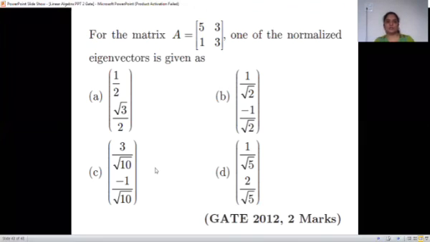Okay, the next question. For the matrix A, 5 3 1 3, one of the normalized eigenvectors is given as... To find the eigenvector, we first need to find the eigenvalues. So tell me the eigenvalues.